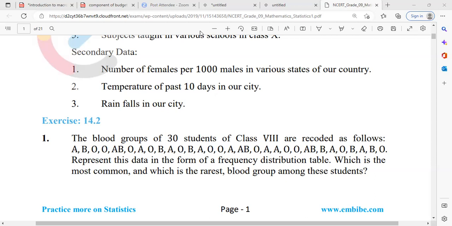Ma'am, in this, should I make the tally marks table? No need to draw the tally marks. Okay, ma'am.